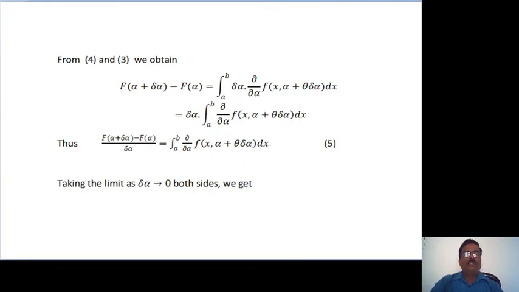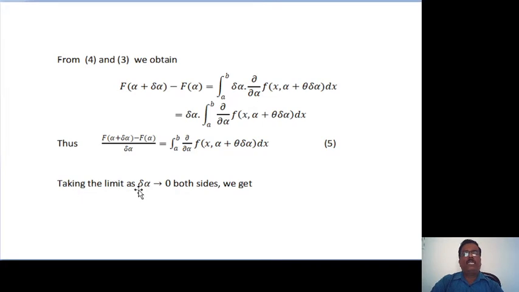Now dividing throughout by delta alpha, we get F of alpha plus delta alpha minus F of alpha divided by delta alpha is equal to integration from a to b dou by dou alpha f of x comma alpha plus theta delta alpha dx. Now this is equation 5.